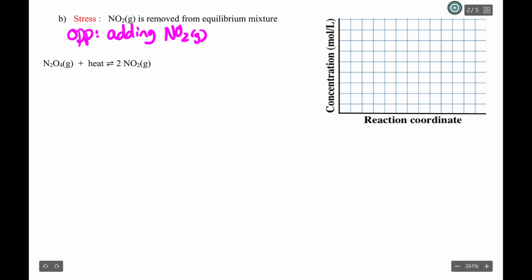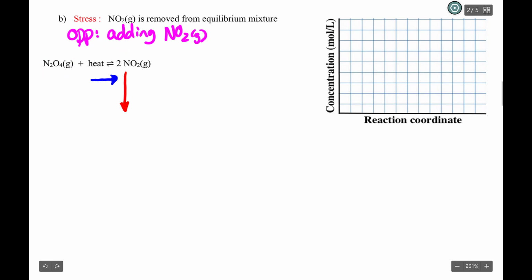Okay, so let's think about this. If I've removed NO2, the system wants to bring the concentration of that back up. The only way it can bring the concentration of that back up is by shifting towards that side and having the N2O4 react with itself and produce more NO2.